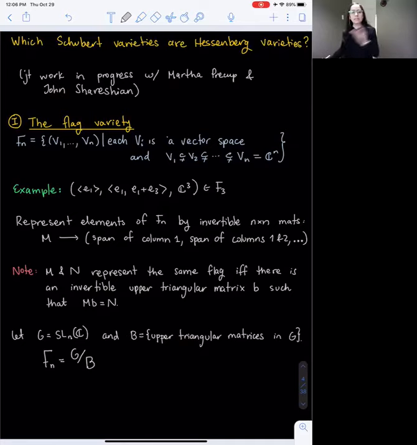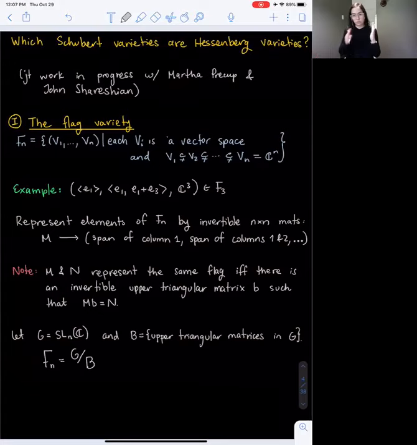But in case you're wondering why I have the word variety there, you can embed this space into a product of projective spaces. If you're familiar with the Grassmannian as a variety, you make it a variety by embedding it via the Plucker embedding, where you use determinants to encode dependence. Here it's the same idea.